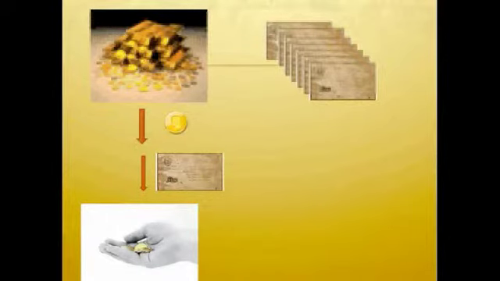The goldsmith, in essence, creates money by giving a receipt for 20 ounces of gold. There will be receipts for 120 ounces of gold in circulation instead of the 100 ounces of gold on deposit. The outstanding receipts were greater than the amount of gold in the vault at any given moment. If the owners of the 120 ounces' worth of receipts presented them and demanded their gold at the same time, the goldsmith would be in trouble.